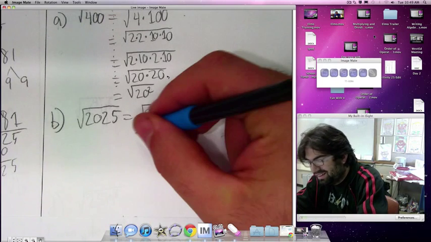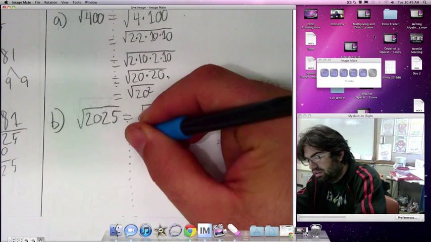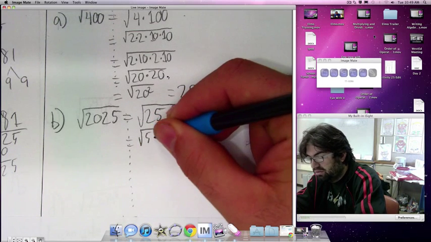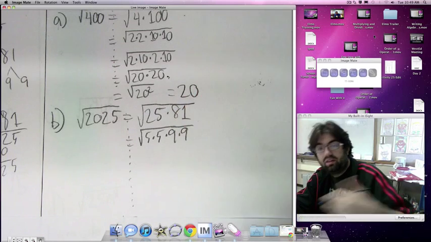So this is me playing. I like to play. This is the square root of 5 times 5 times 9 times 9.